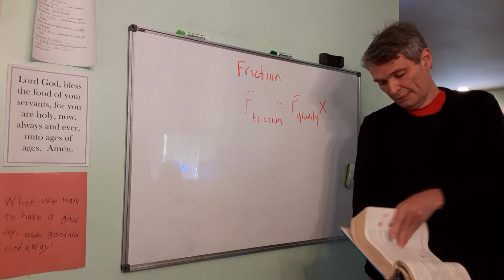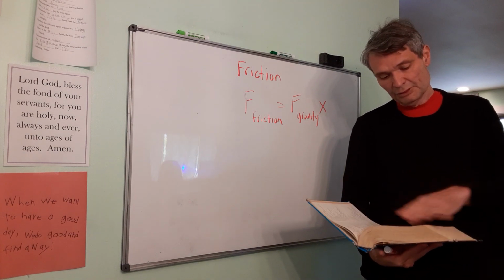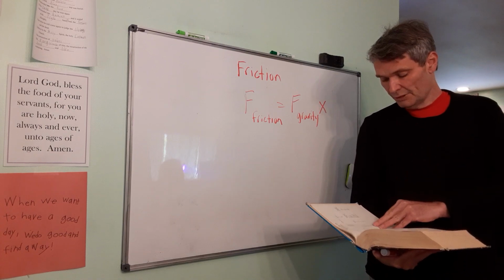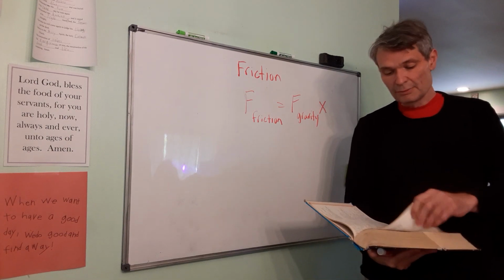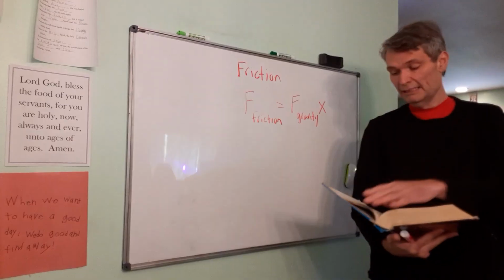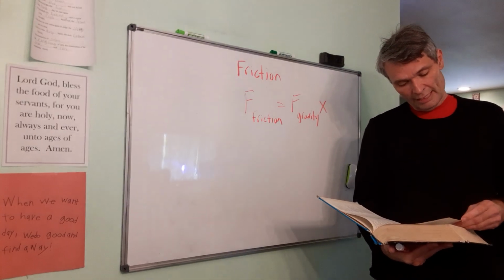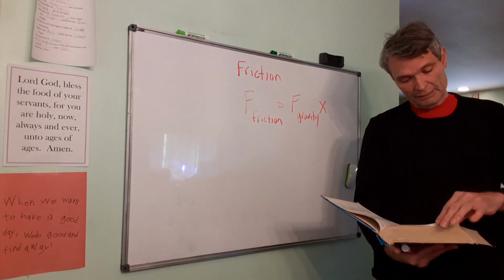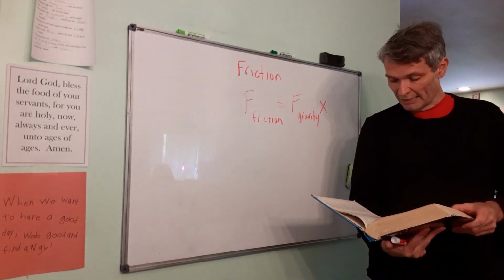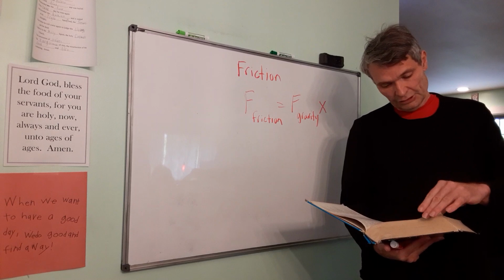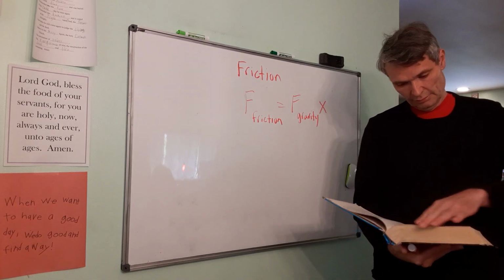Let's see, just look it up in the index. I want to use the right variable. G is typically used for gravity. And there's a constant or a multiplier here that people typically use to multiply the force of gravity by to get the force of friction.